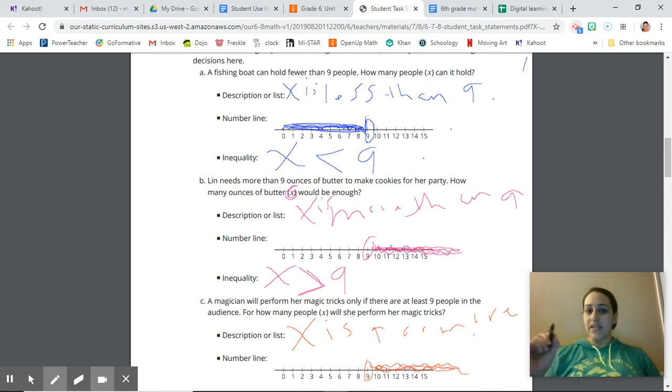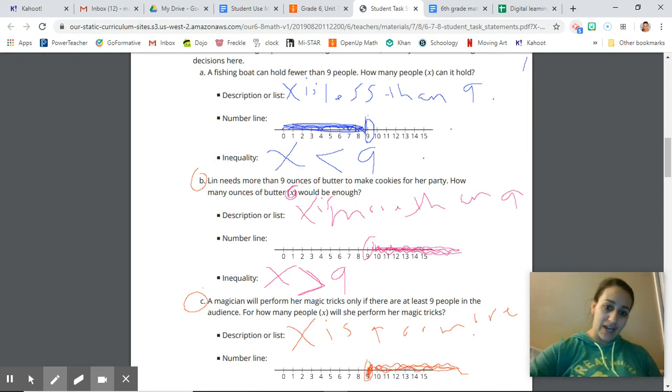Now, a very slight difference between C and B is that Lynn needed more than 9. The magician needs at least 9. 9 or more. So that very slight difference, the only thing that's going to change is the fact that when I put this on the number line, since 9 counts, 9 would work, she will perform for 9, I'm actually going to color in the number 9 as well.